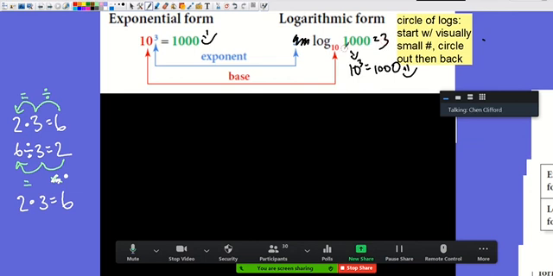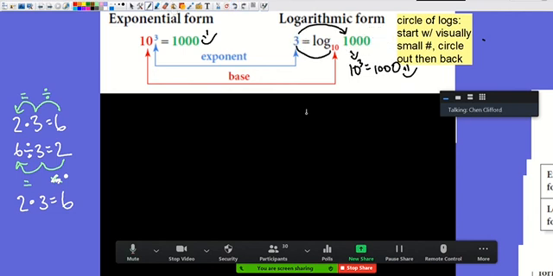Then you start with the visually small number, the little 10, circle out, and then back, and you get 10 to the power 3 is 1,000. It still matches up. So wherever they put the 3, it doesn't matter. The circle of logs as a way to check your answer still works the same way, whether the 3 is written on the left or the right side.